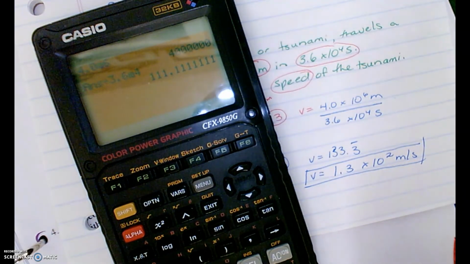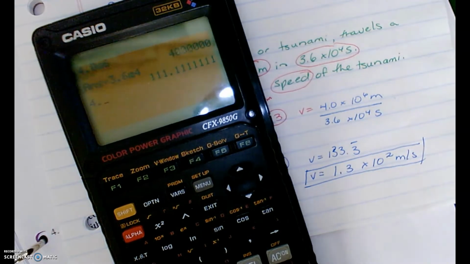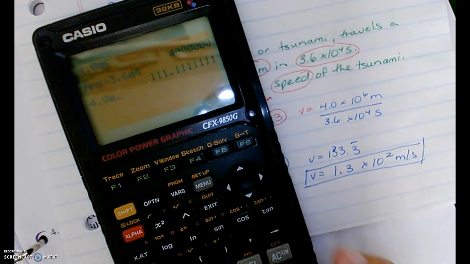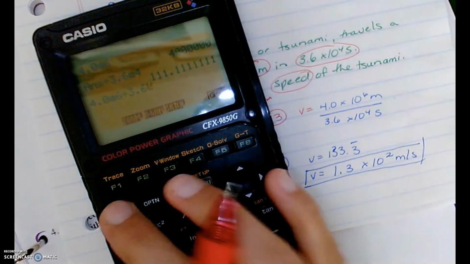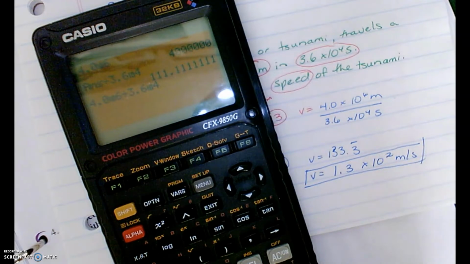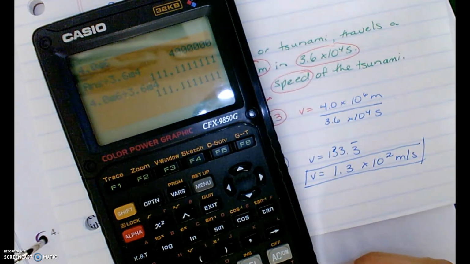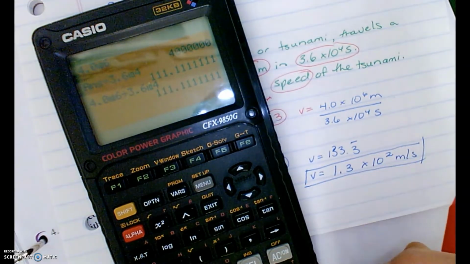Just to make sure that it's correct, let's put the whole thing together: 10 to the 6 divided by 3.6 times 10 to the 4. I must have punched it in differently when I was doing it this way.